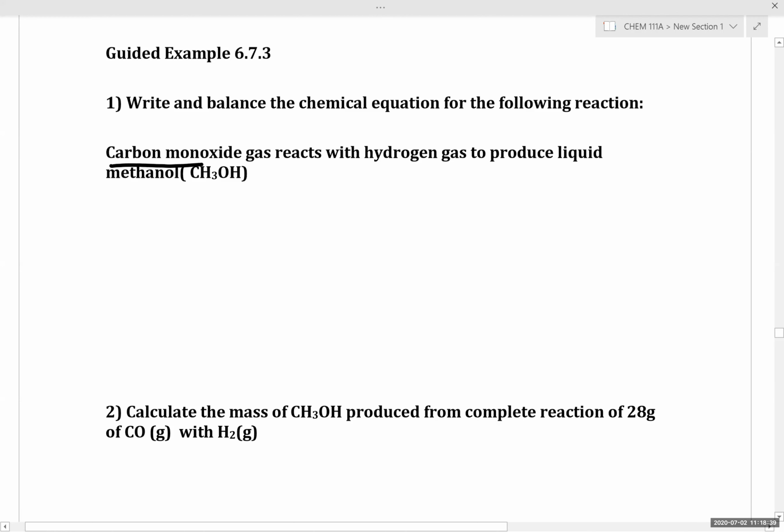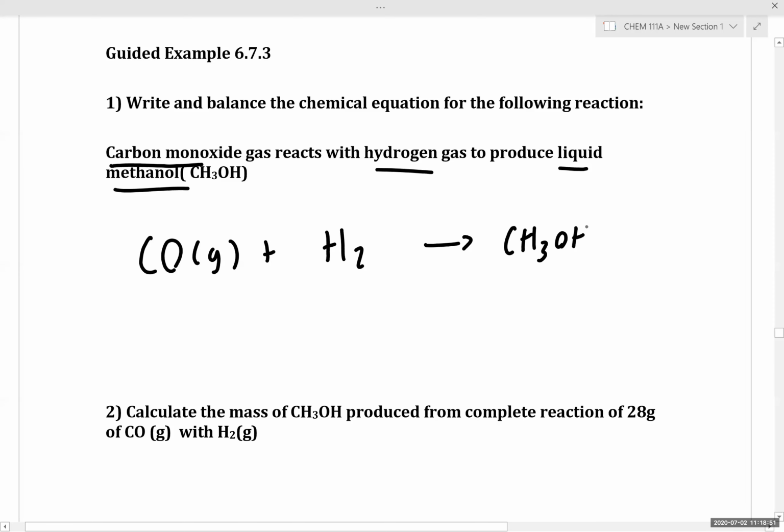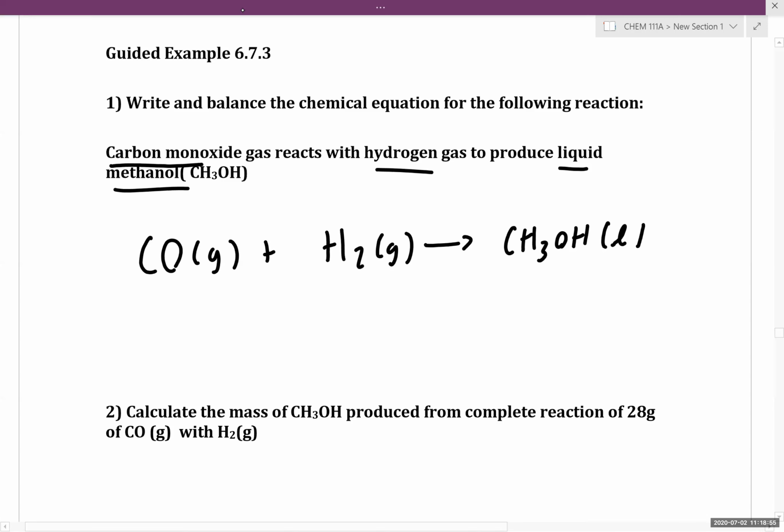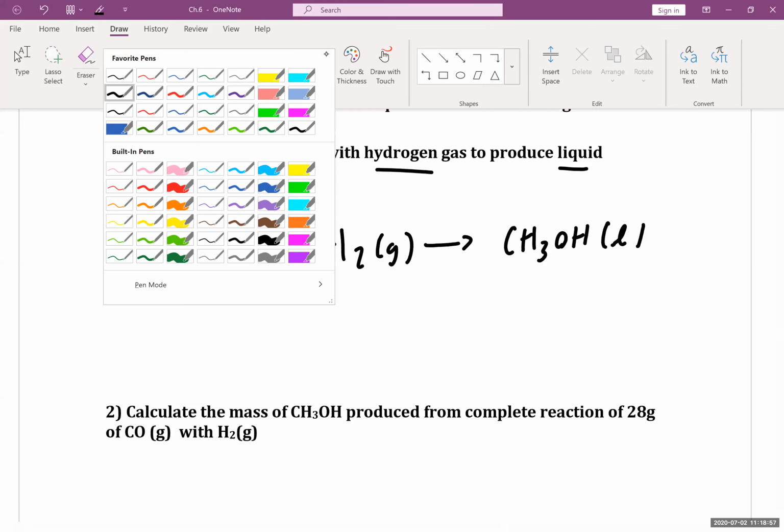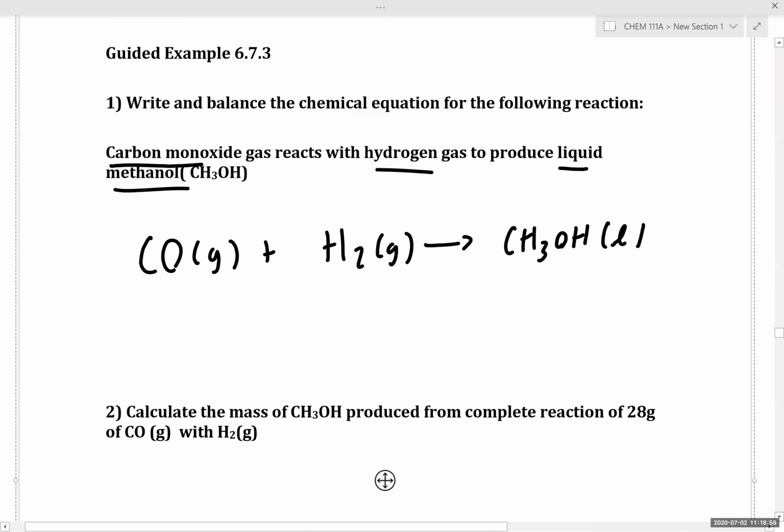So carbon monoxide gas, that's CO gas, reacts with hydrogen, which is H2, to produce liquid methanol. So methanol is CH3OH. Okay, so now filling in our coefficients, we see we have 4 hydrogens, 1 carbon, and 1 oxygen on the right.